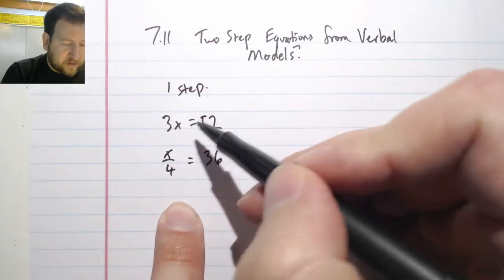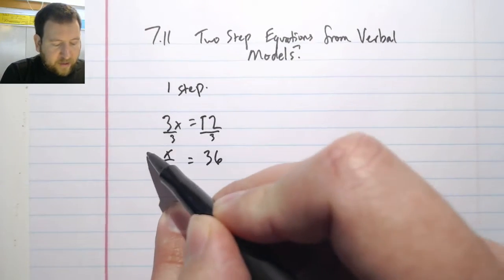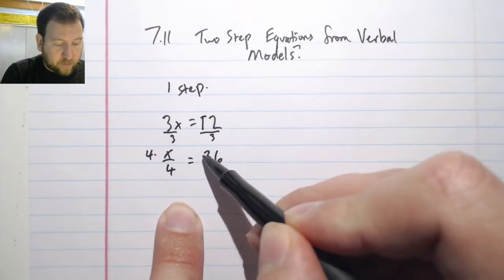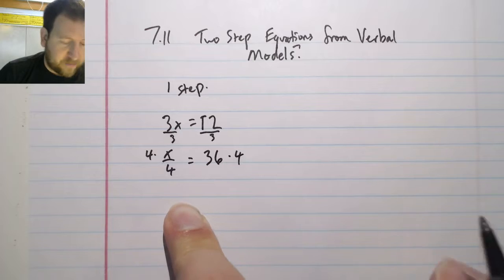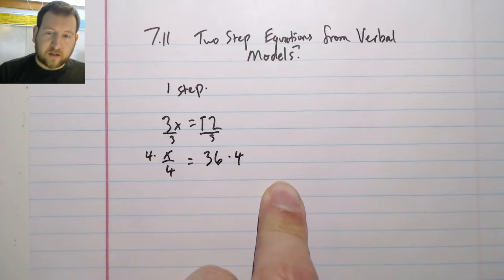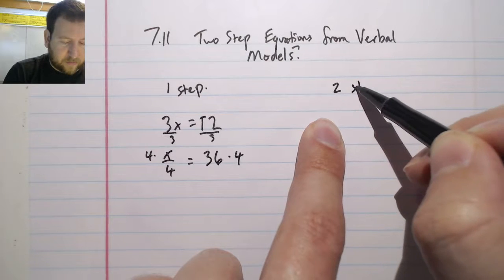For example, in this case, I can divide both sides by 3. And in this case, I can just multiply both sides by 4 to get my answer to isolate my variable. But what we're going to start to see is problems like this, and they're going to be two-step problems.